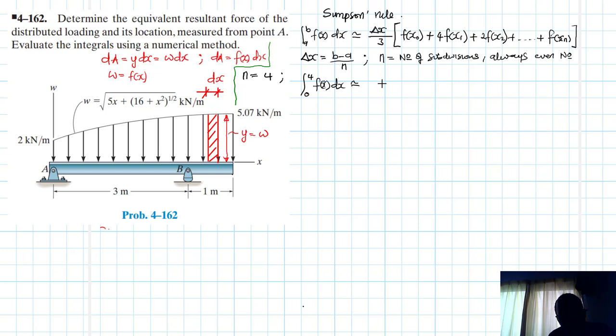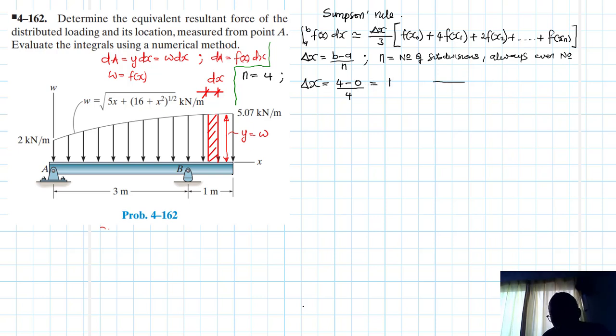This is approximately equal to, okay, let's first find dx. We said our dx is equal to b minus a, where b is 4 and a is 0, divided by the number of subdivisions, which is 4. Therefore, this gives us 1.